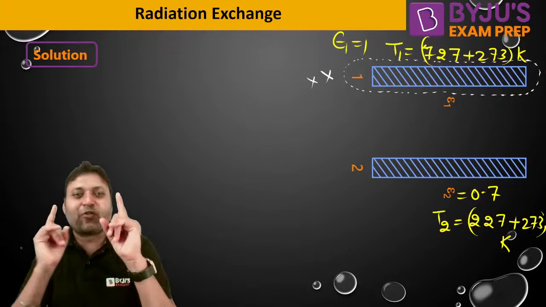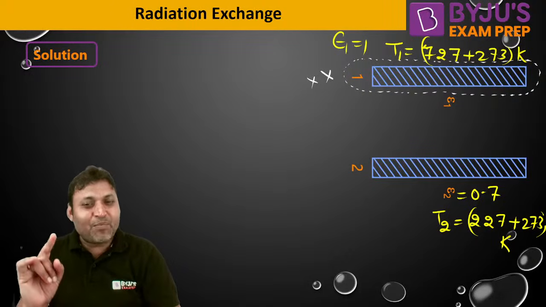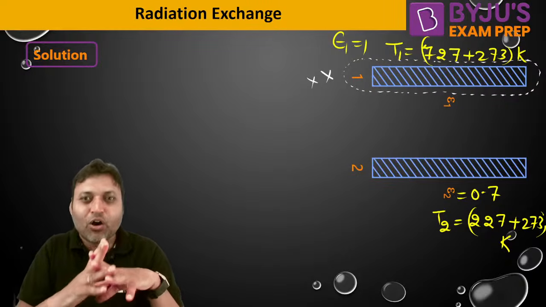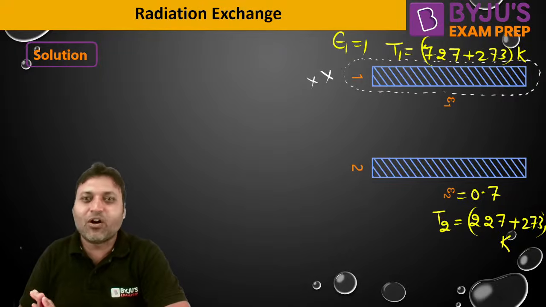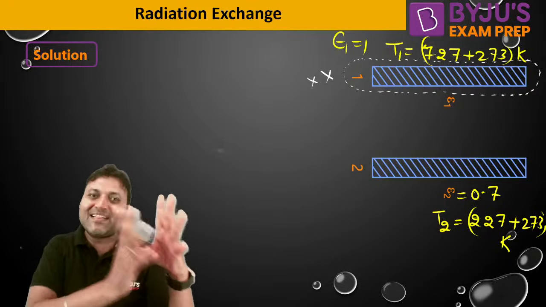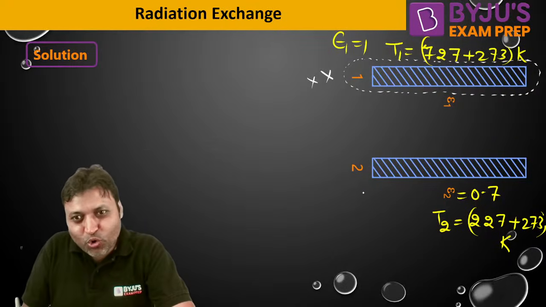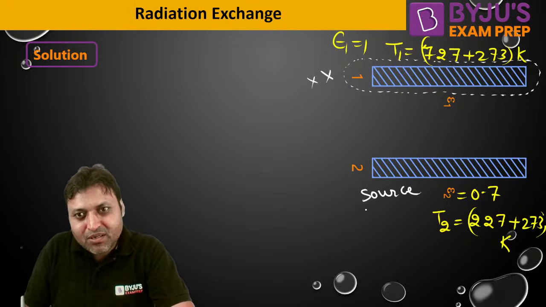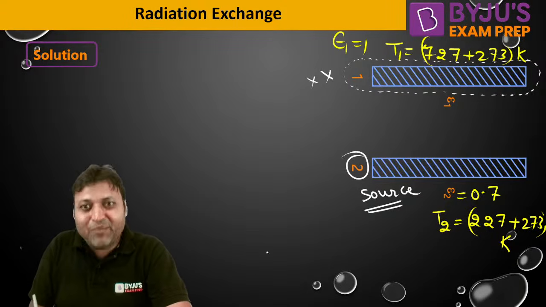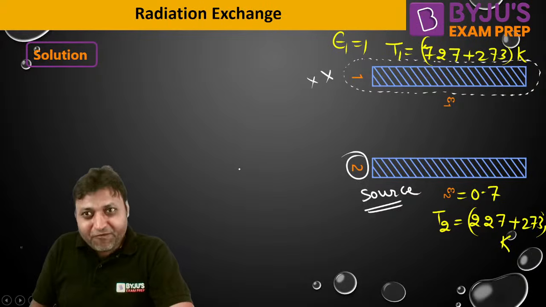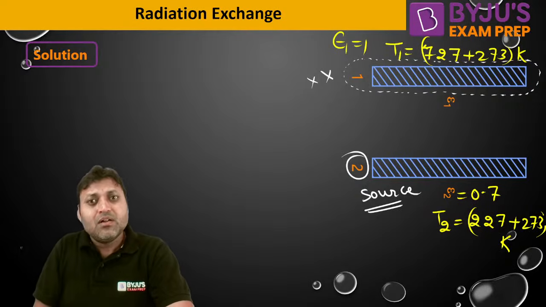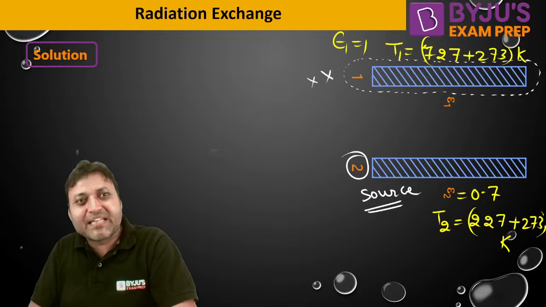So irradiation for surface 1 is neither a function of temperature T1 nor a function of the surface condition of surface 1. It means all the other surfaces other than surface 1 will be the source of radiation. Are you getting it? There is only one surface, that is surface 2, which will be the source of radiation. So if we want to find out the irradiation, have you understood it? I will tell you where the students committed the mistake.